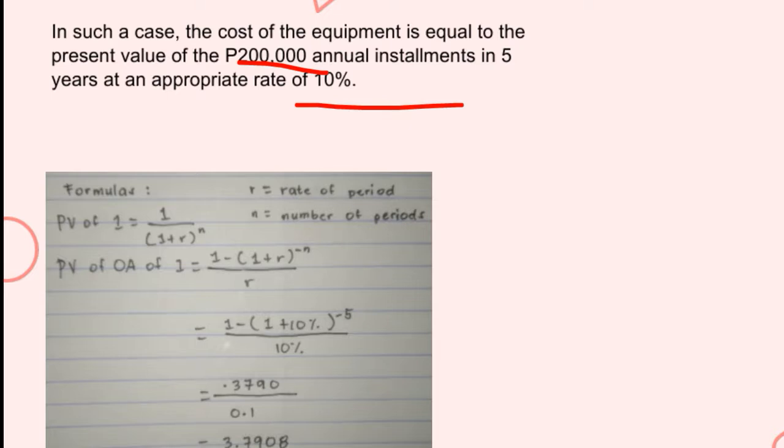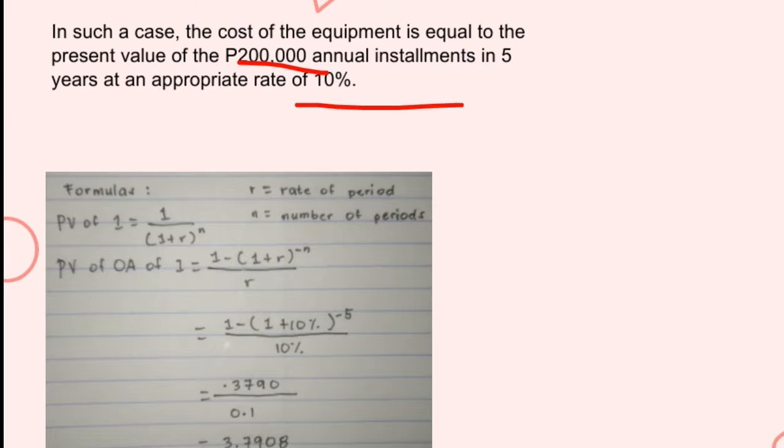The second formula is the PV of an ordinary annuity of 1, which equals 1 minus (1 plus r) raised to the power of negative n, over r.